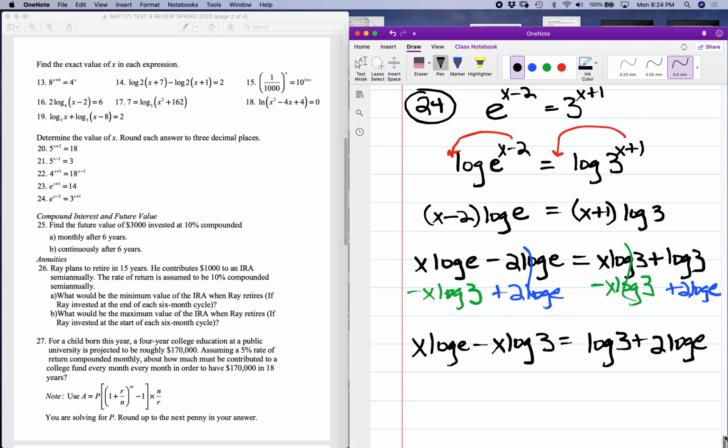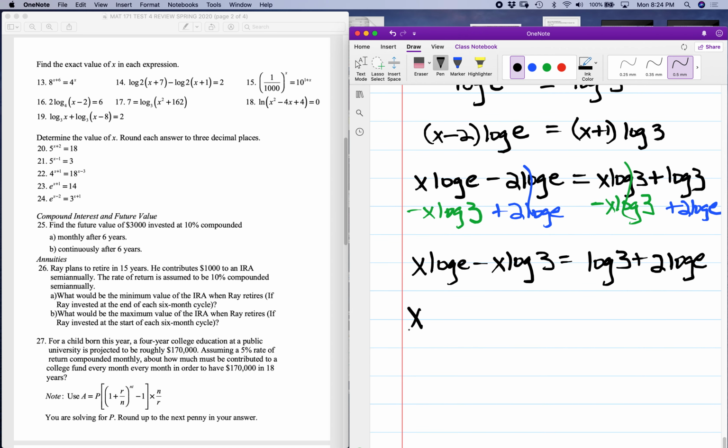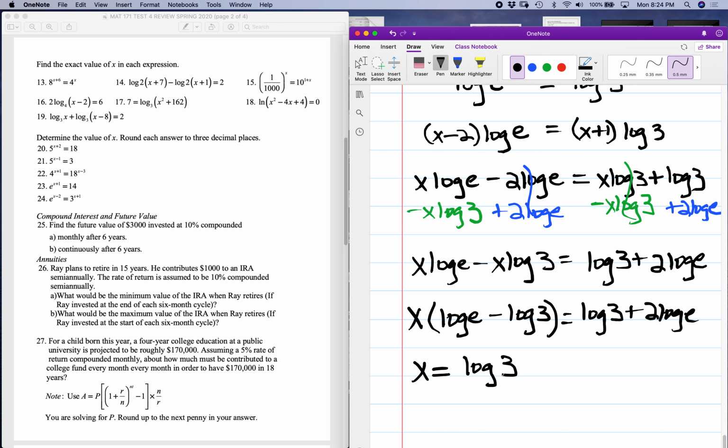Solving for x, factoring, I have x times the difference between the base 10 logarithm of e and the base 10 logarithm of 3, equal to the base 10 logarithm of 3 plus 2 times the base 10 logarithm of e. In isolating x, I take the sum on the right-hand side of the equation and divide by the binomial coefficient, the difference between the base 10 logarithm of e and that of 3.